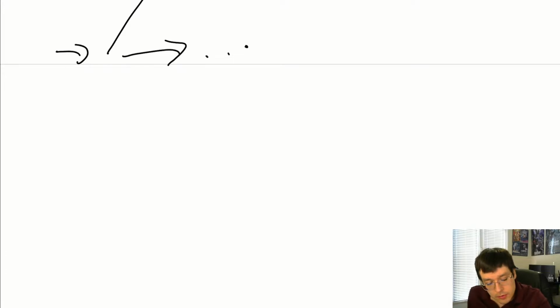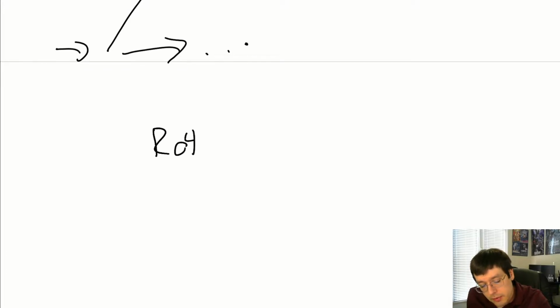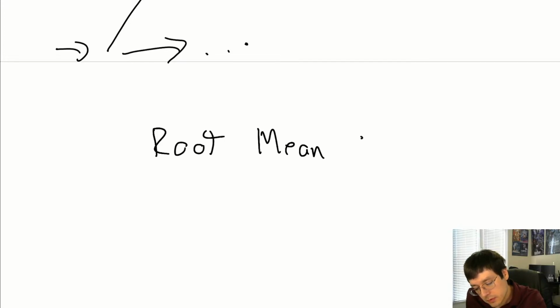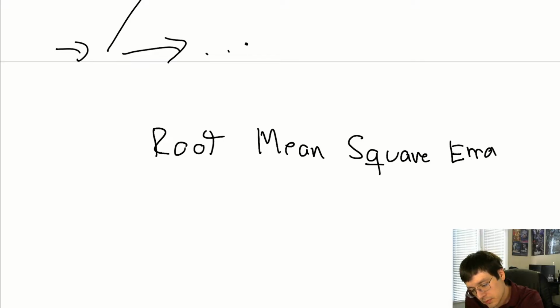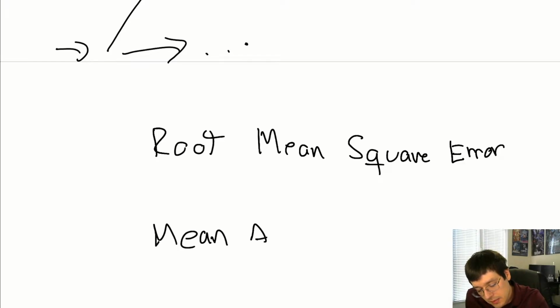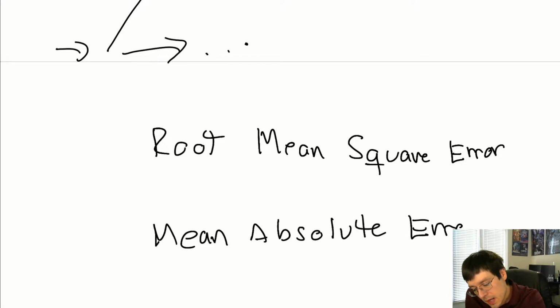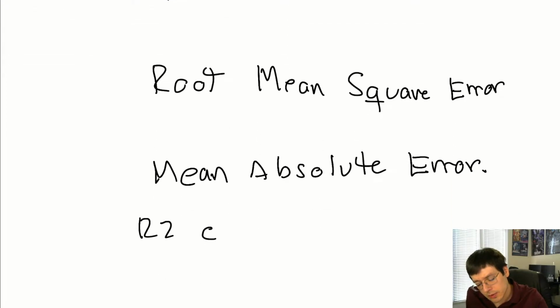Some of the popular ones are your mean square error, and also your mean absolute error. Along with things like the R2 coefficient, or R2 score, actually, I think it's known as.